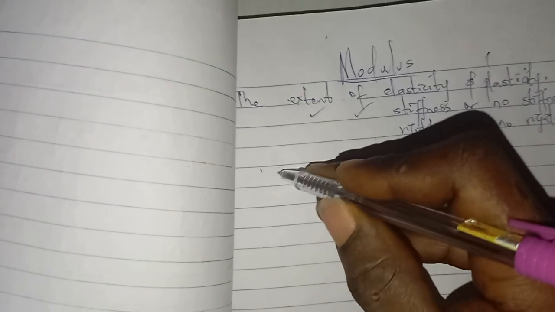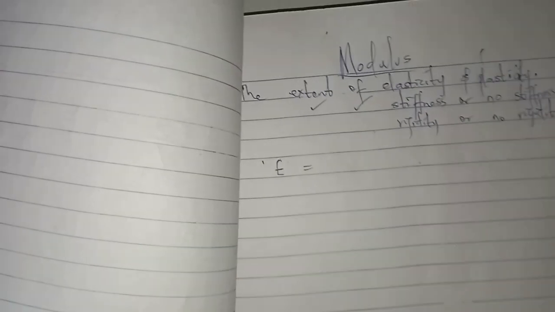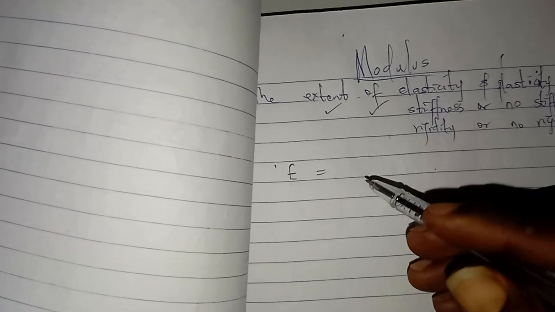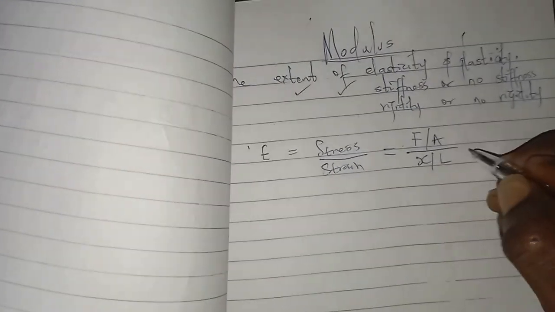This modulus is given by, we have different moduli, but I will use E here. So E for modulus, Y for Young modulus, B for bulk modulus, and G or S for shear modulus. Modulus is given by stress over strain. Remember that stress is force over area and strain is extension over length.